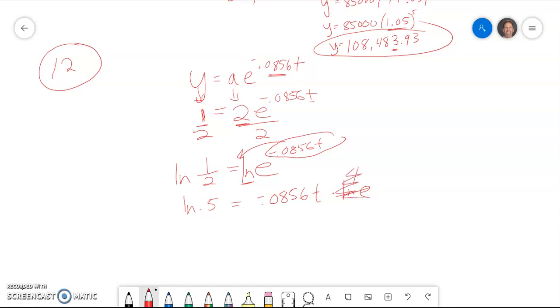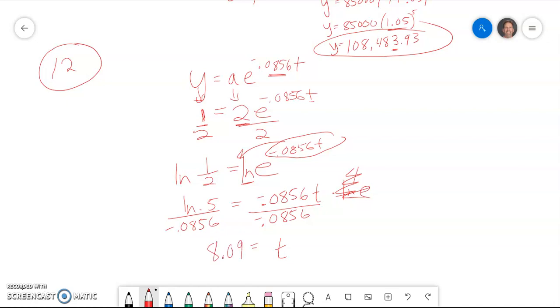So all I'm left with is what's on the left here, and now I divide by negative 0.0856 on both sides, and I put that all into a calculator, by the way. So I do the ln of 0.5 divided by negative 0.0856, and the final answer is 8.09.